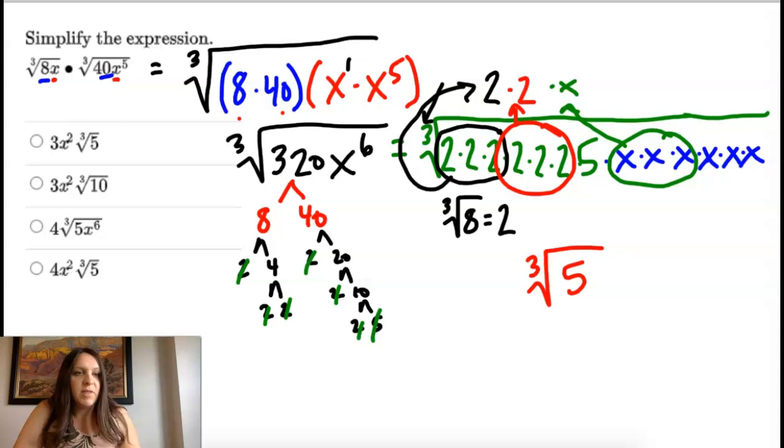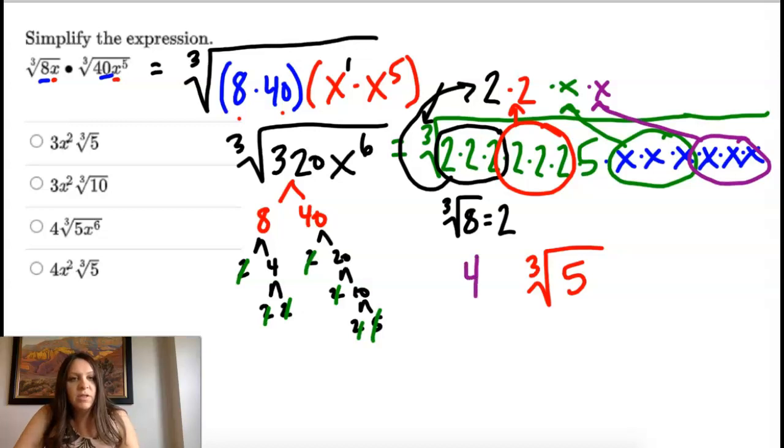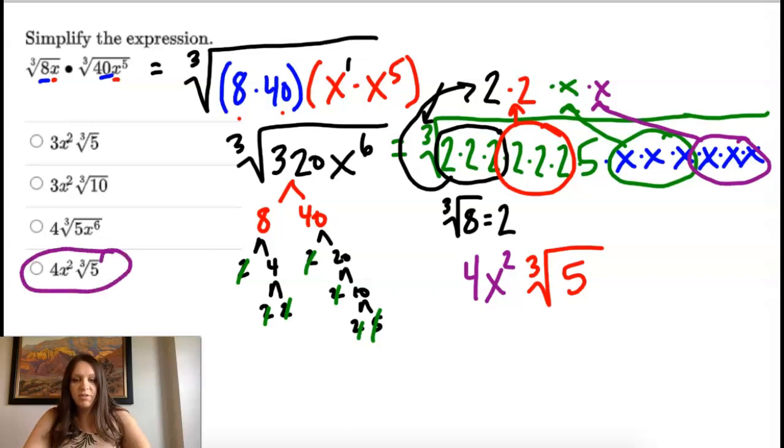And then same thing, I have 3 of a kind x's that I pull out as just one x. So now I have 2 times 2, which is 4. And x times x, which is x squared. And then this cube root is left over. So over here, 4x squared cube root of 5. That is my simplified version.